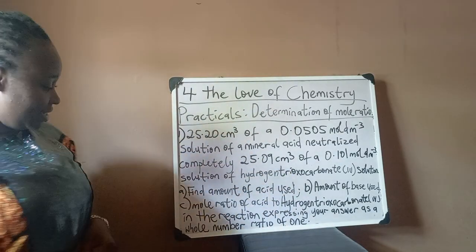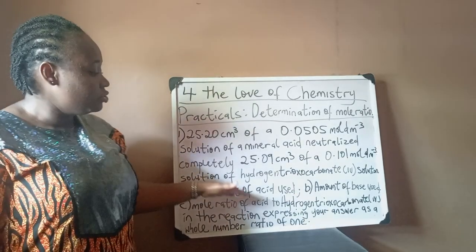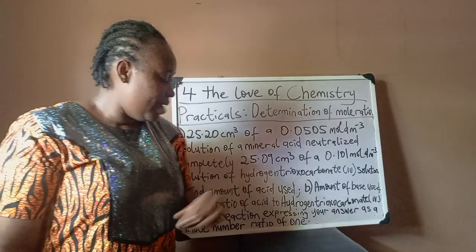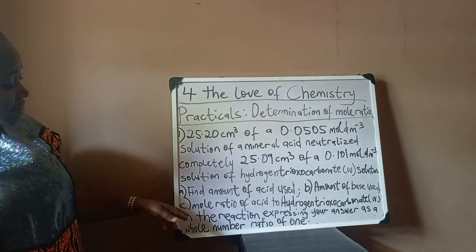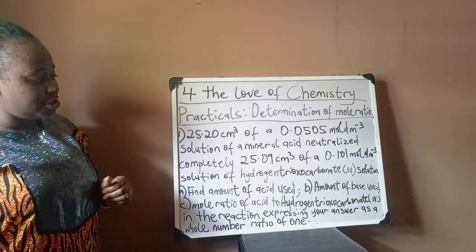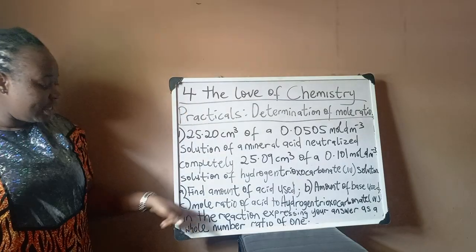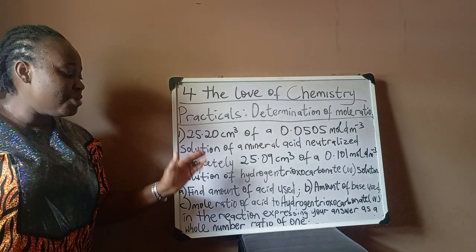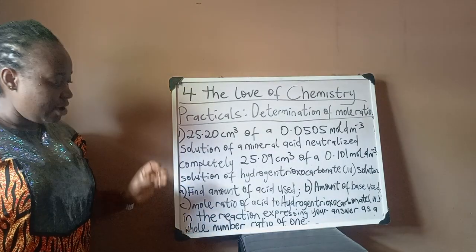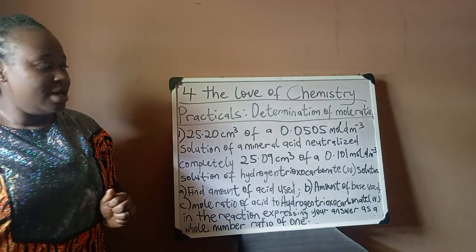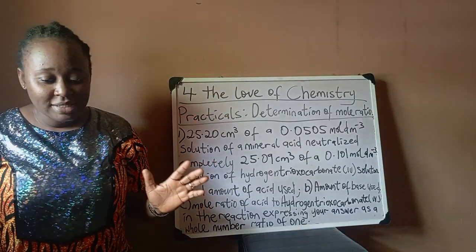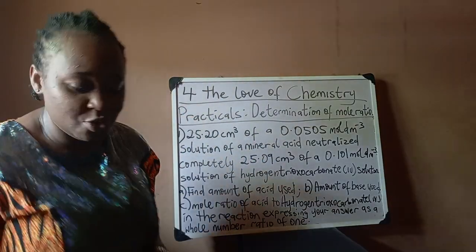Then the question says, (a) find the amount of acid used; (b) the amount of base used; and (c) the mole ratio of acid to hydrogen trioxocarbonate(IV) in the reaction, expressing your answer as a whole number ratio of 1. So this question is quite simple. I will go right into it.